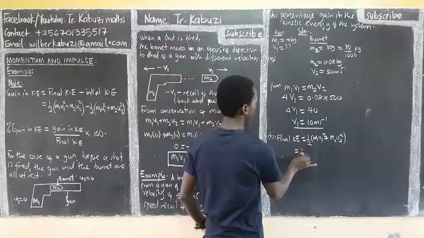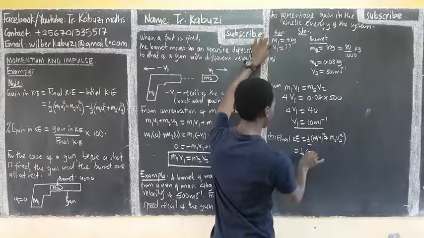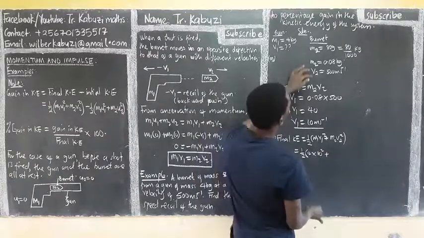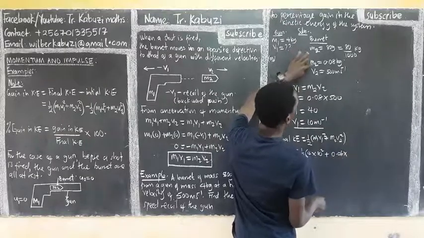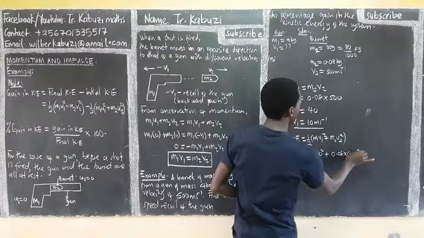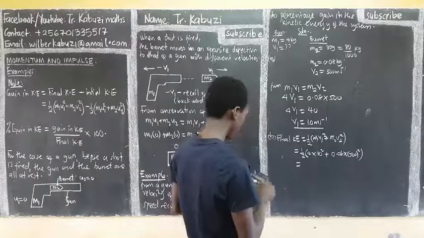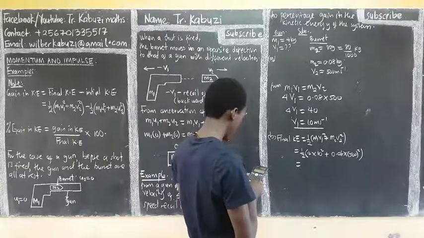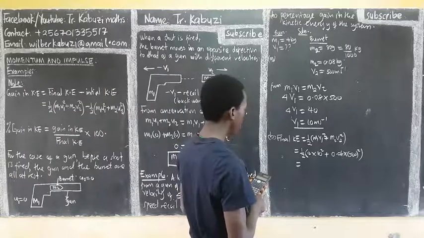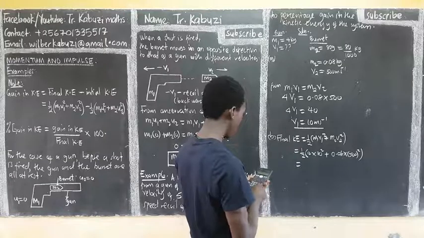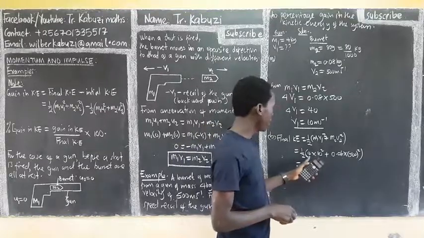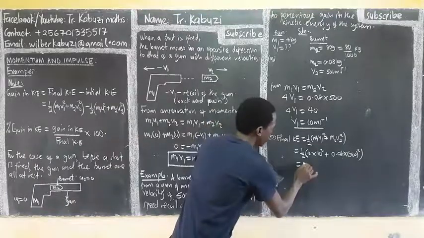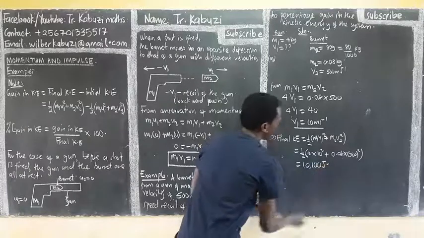So this will give us a half into M1, our first mass, which is 4, times our velocity, which is 10 squared, plus M2, 0.08, times 500 squared. This is going to give us 1,100 joules.